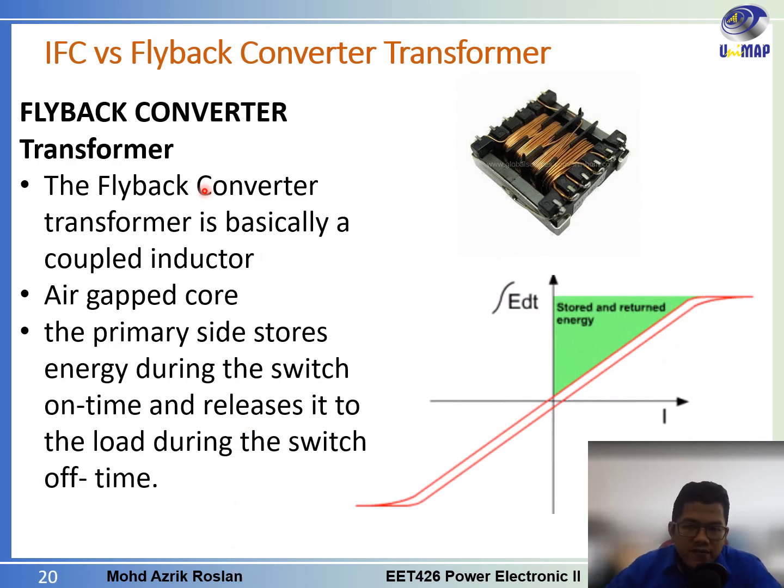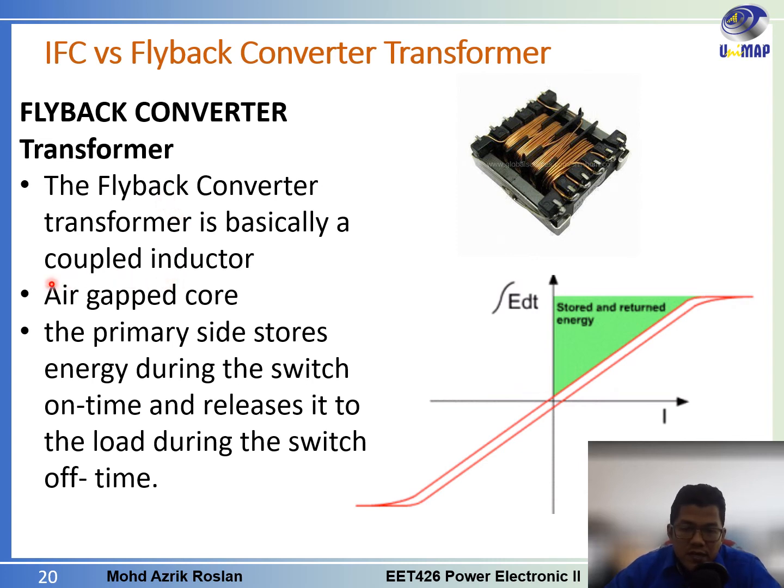For the flyback converter, the transformer is basically a coupled inductor. We already explained in the earlier part of this lecture that the inductor from the buck-boost converter can be made into two components, the primary and secondary parts of the transformer.